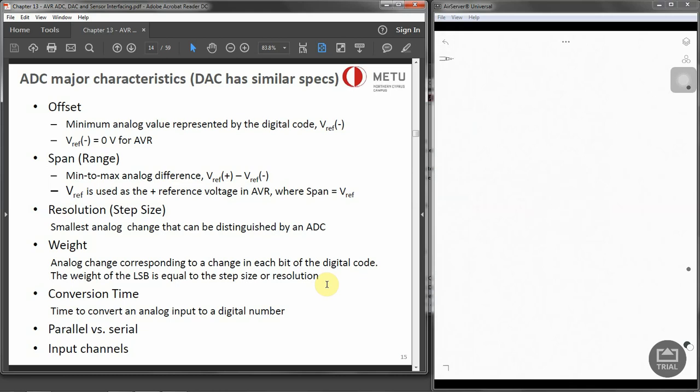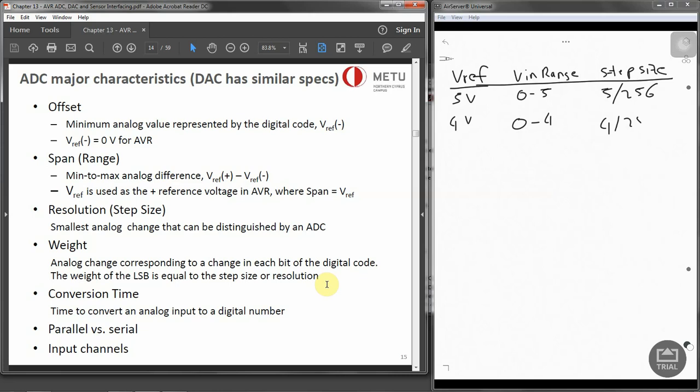Let's say we have a Vref of 5 volts, then the range is 5, and the step size is 5 over 256. Or a 4 volt Vref will have a Vin range between 0 to 4, that means 4 over 256, or 3 volts, 0 to 3, that means 3 over 256, and these can be calculated.